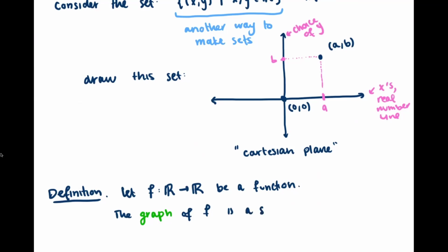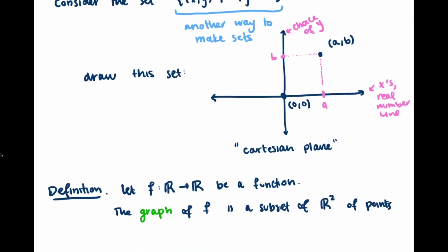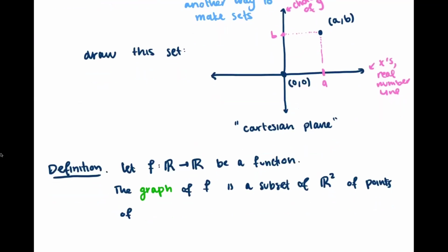It's a subset of R2 of points of the form x comma f of x, where x is an element of the real numbers.